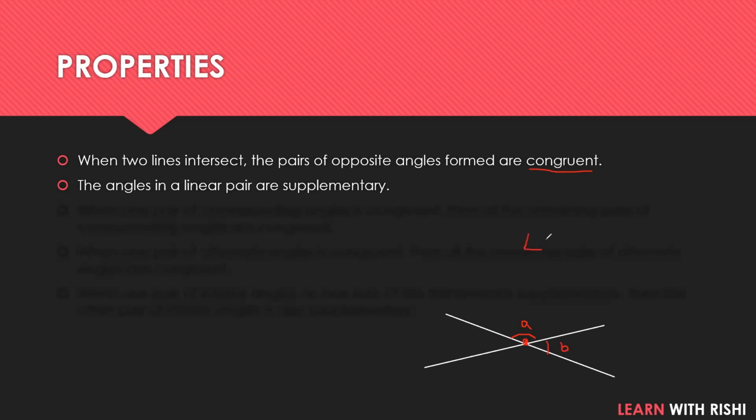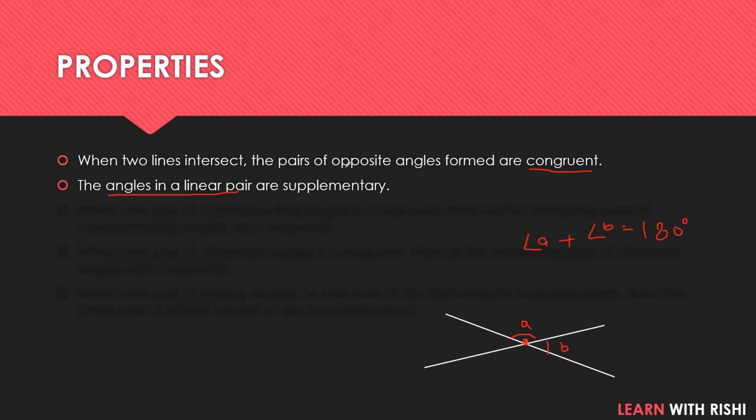And if I add these two angles, angle A plus angle B, I will get the answer equal to 180 degrees. So this is the property. Angles in linear pair are supplementary, supplementary in the sense that addition gives 180 degrees.